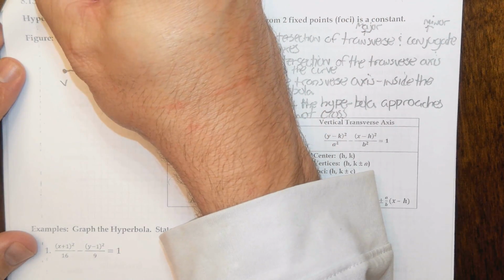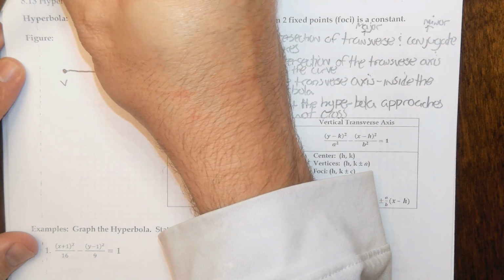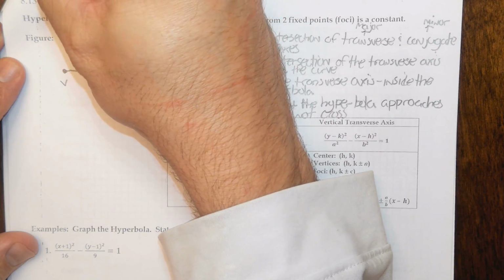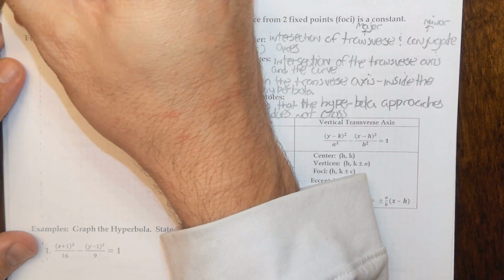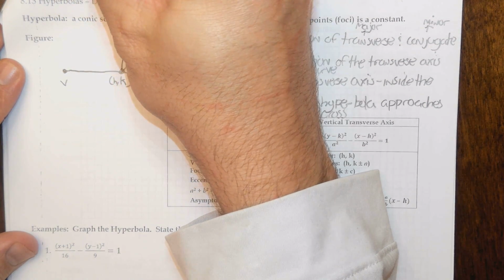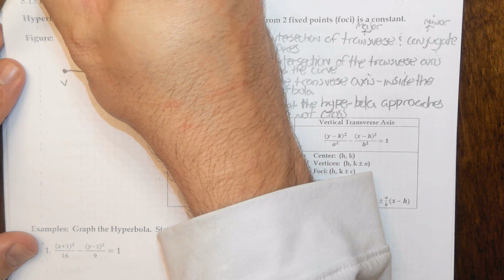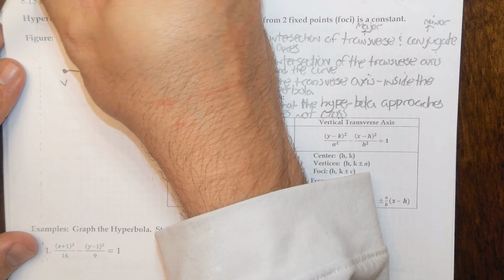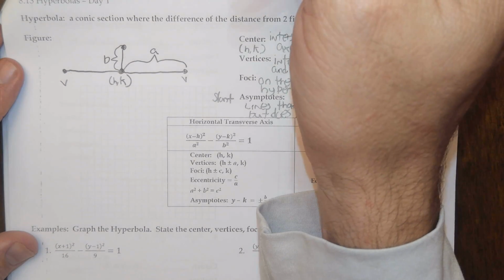And then that means we would go up. The reason I'm drawing a line here is just so you can see where these are. From here, that's a. That's b, and then we'll get to the focus here shortly.